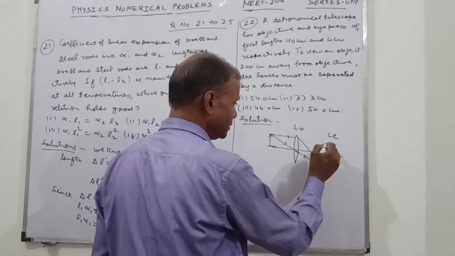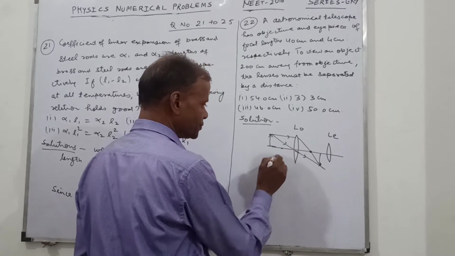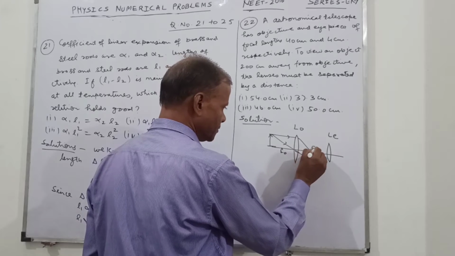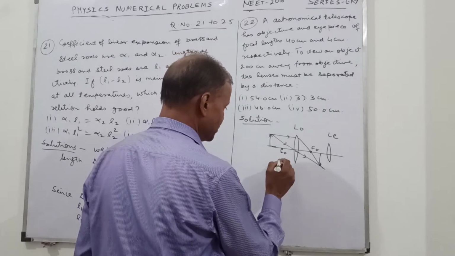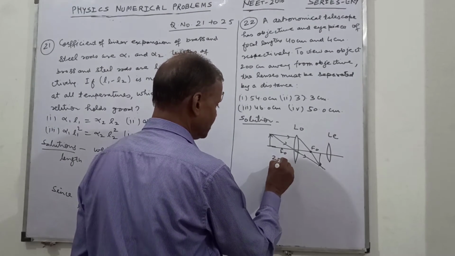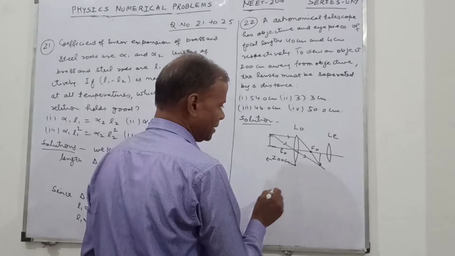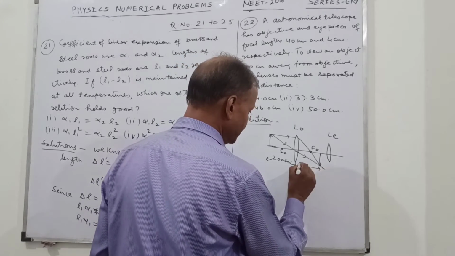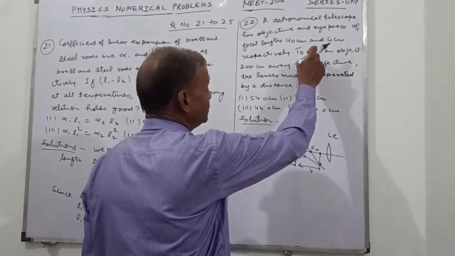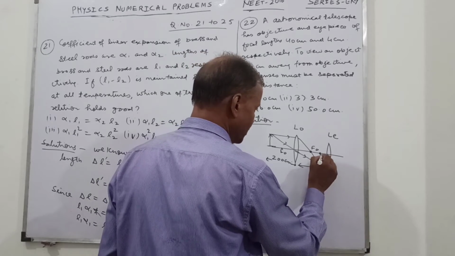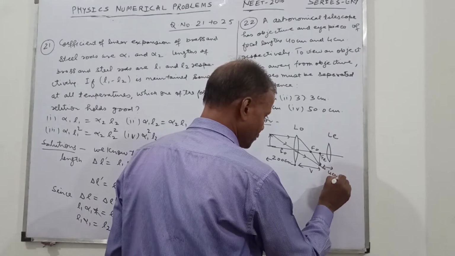We are given the focal length f0 of the objective, and the object distance of 200 centimeter, and this is V. The image is formed at the focus of the eyepiece, so this distance is 4 centimeter.